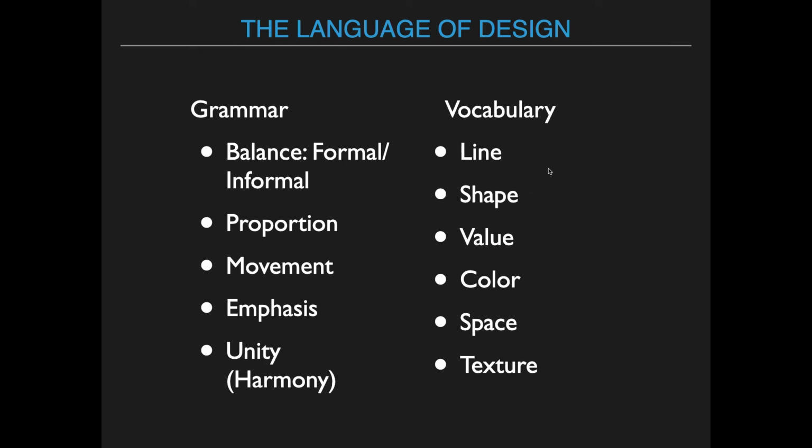All these vocab terms are the most simplistic pieces that you would utilize to create something, like a line. That's one component. Whereas grammar, all these different components here, like movement, or how well an image is balanced, are relating to multiple components, juxtaposing one from another and how they're laid out.